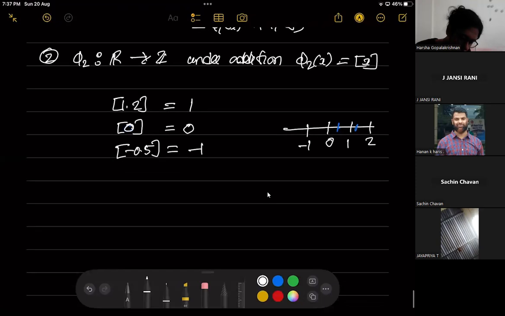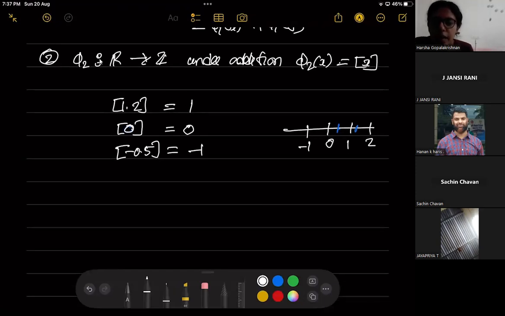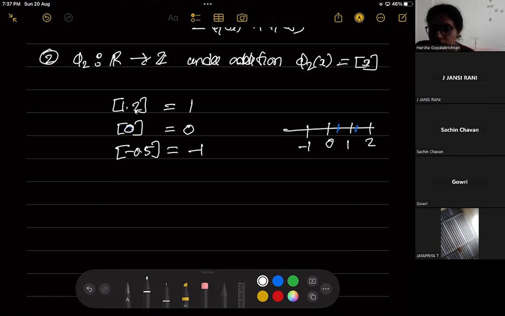Now, the question is, I am defining phi2 as phi2 of x equal to greatest integer of x. Where will minus 0.5 come?